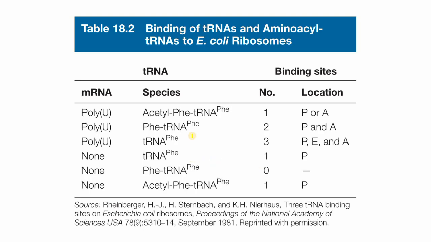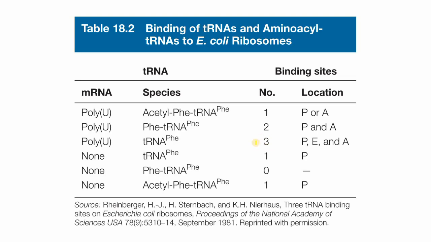And now, drum roll please. When you take uncharged tRNA and you provide poly-U mRNA to the ribosome, that uncharged tRNA binds to the ribosome not once, not twice, but 3 times.